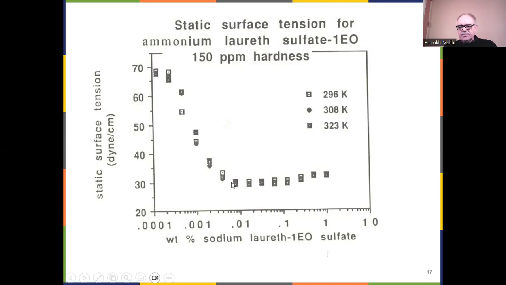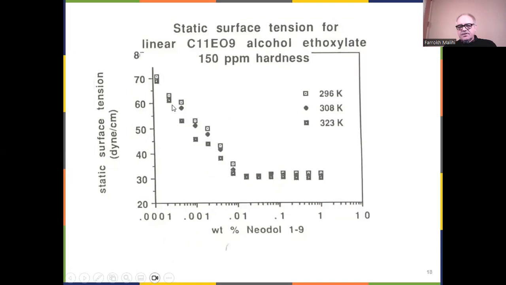As we mentioned, at the point of minimum surface tension, the micelles are formed, and roughly this is the critical micelle concentration for this particular surfactant. Here is another tensiogram for a non-ionic surfactant, alcohol ethoxylate.